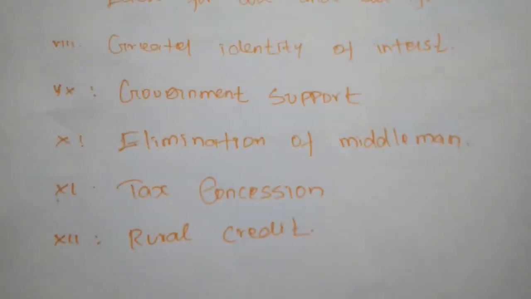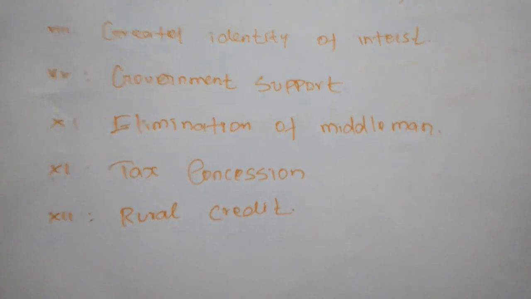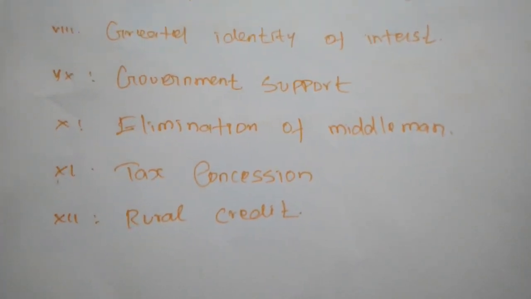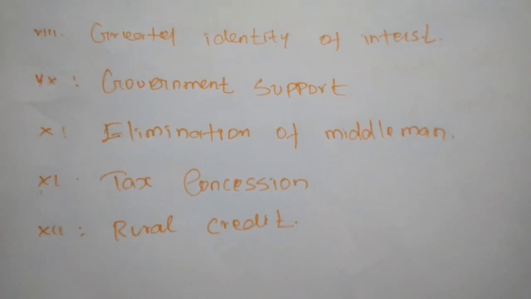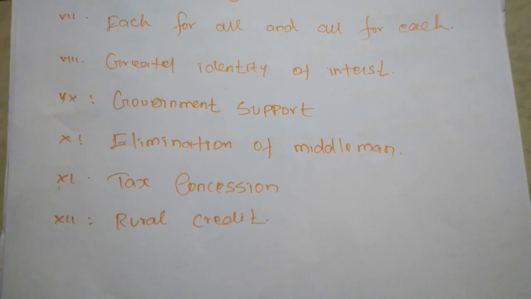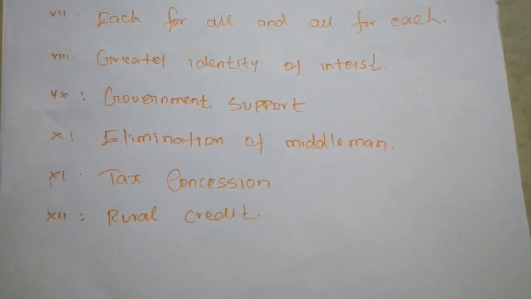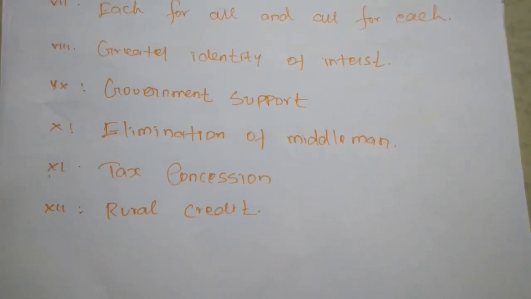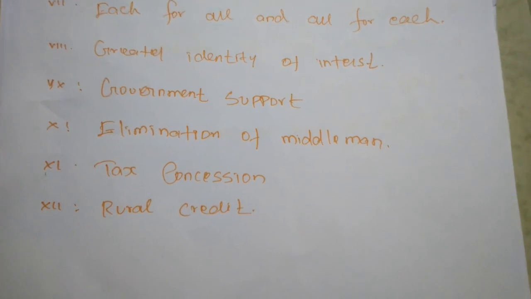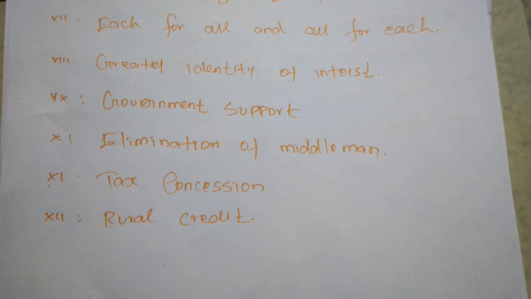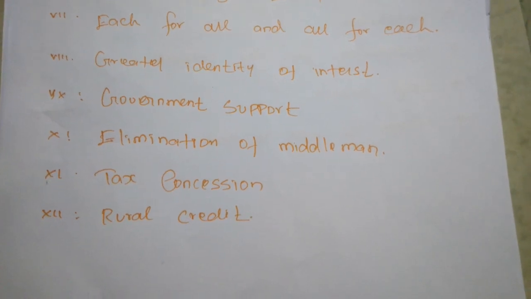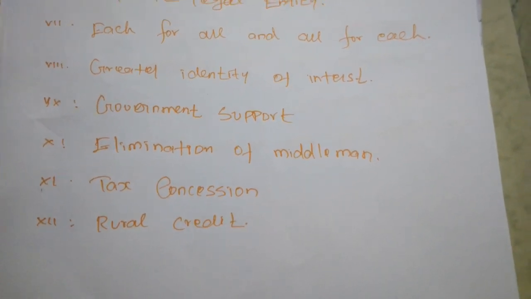If the poor people or the farmers wanted any financial facilities, it was not possible. But getting financial assistance from the cooperative societies is very easy, and they get relief from the interest rate imposed by the money lenders.